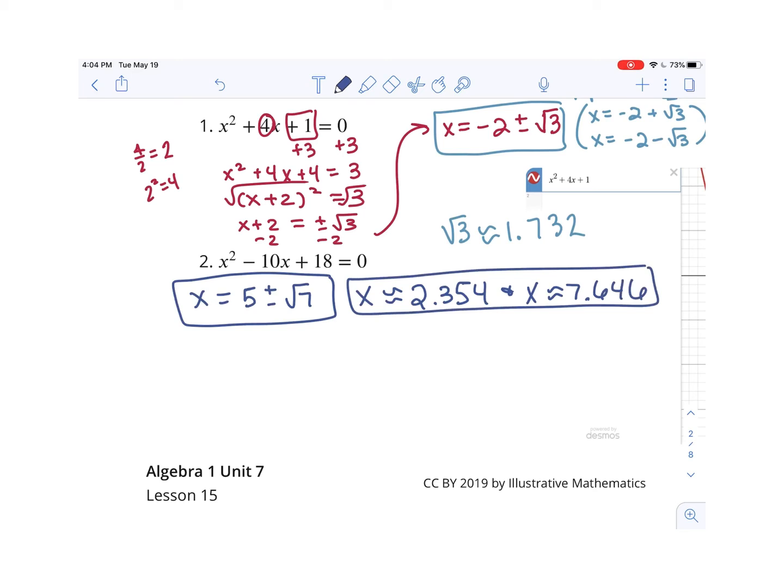And you should show that you were able to do that by completing the square and graphing, and then verify that those two things are the same.